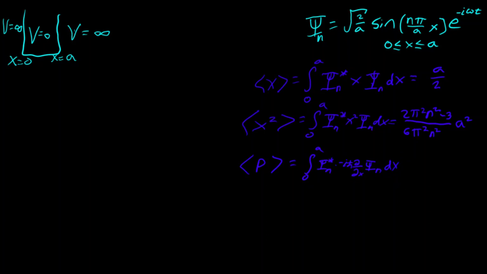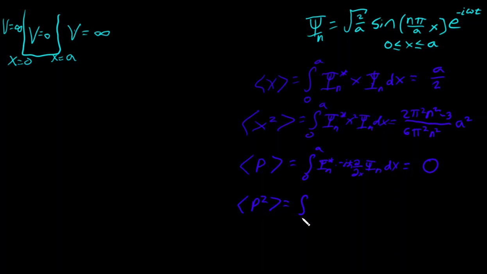The expectation value of p, in fact, is 0, which we just talked about, that it has a 50% chance going to the left, 50% chance going to the right. Okay, now we're at p squared.